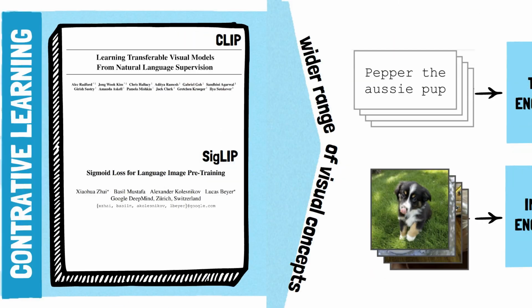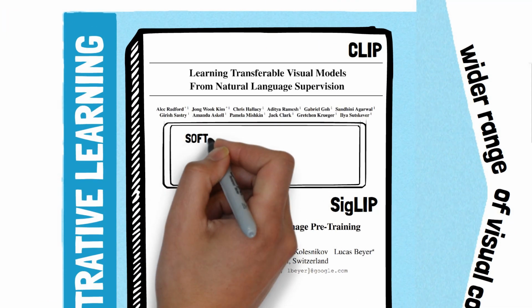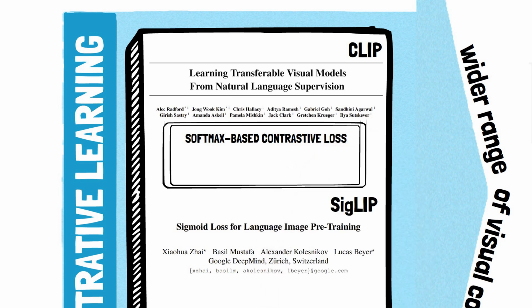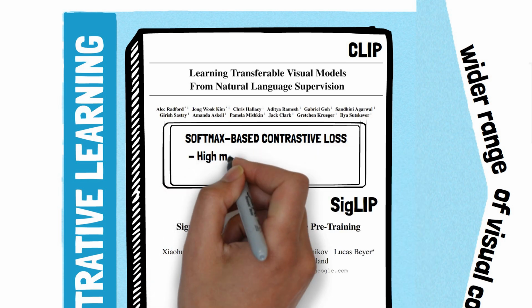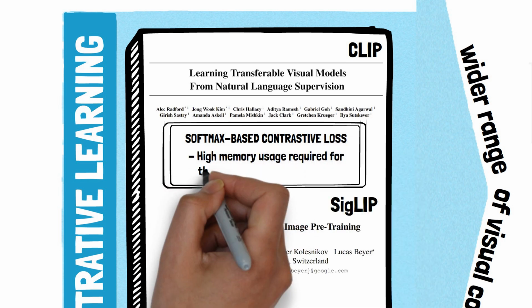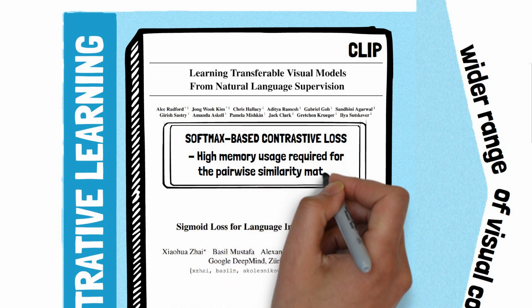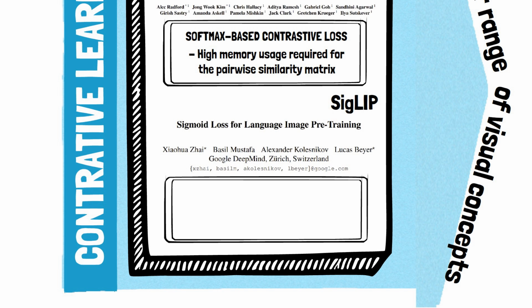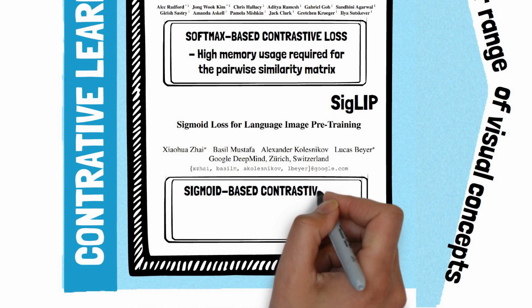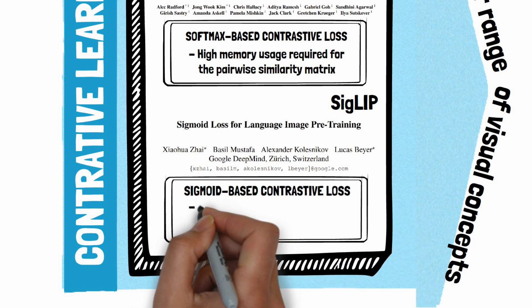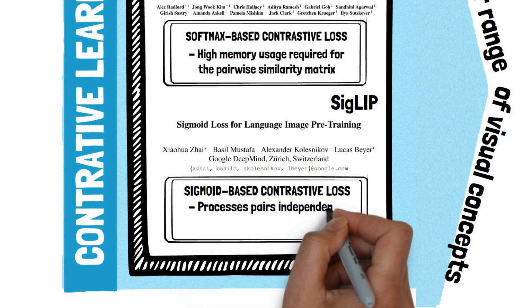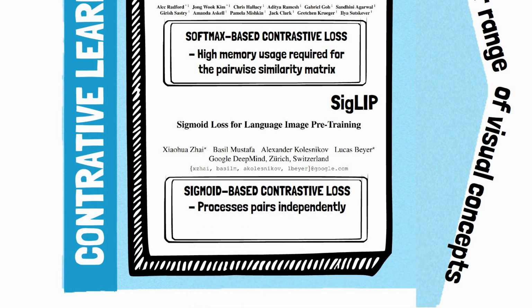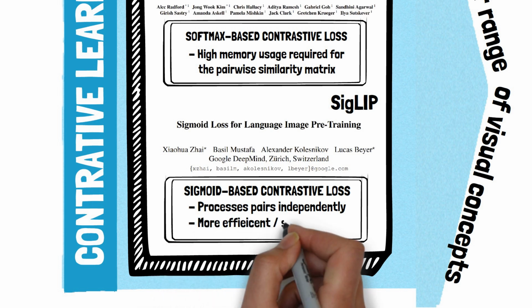In CLIP, this is done using a softmax contrastive loss, which is memory intensive because it requires computing the pairwise matrix of all samples in the batch, while Google's SigLIP uses a sigmoid-based contrastive loss, which operates on individual image-text pairs and does not require a global view of the pairwise similarities, making it more efficient and scalable.